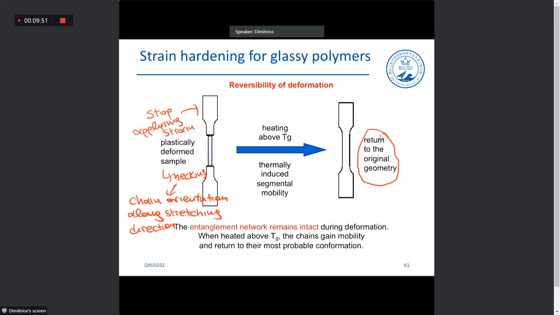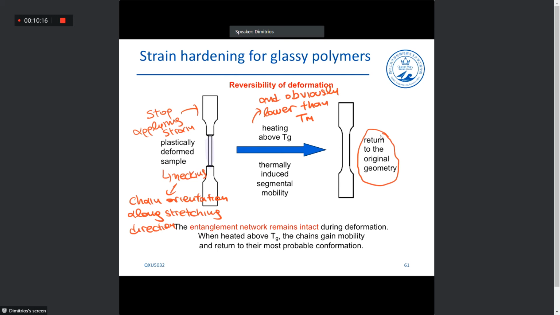So I repeat, we have a sample as it is with the neck, okay? And we heat it at temperatures higher than glass transition, and obviously lower than Tm, okay?